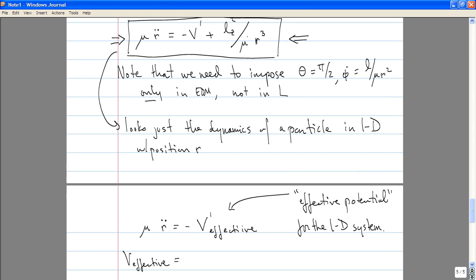It's V plus L squared over 2 mu R squared. There's a plus sign and a 1/2 because this equation up here is the derivative of V. So you take the derivative and you get a minus 2 coming from the 1 over R squared.